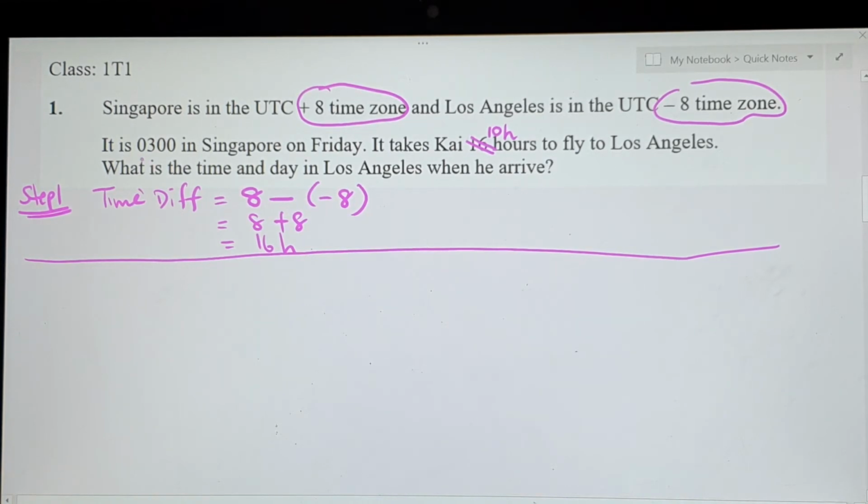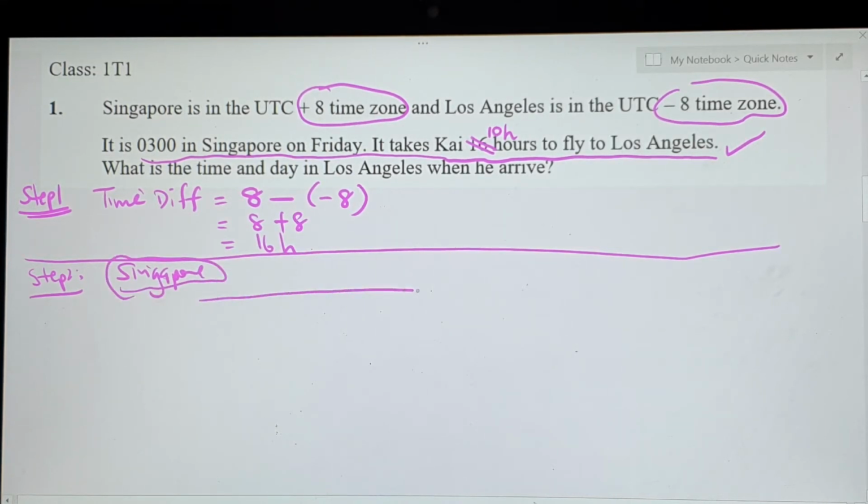They tell you that it's 3 o'clock in the morning on Friday, and Kai is flying from Singapore to Los Angeles. Okay, you understand this part? What it means is now step 2, we have to look at the Singapore time.